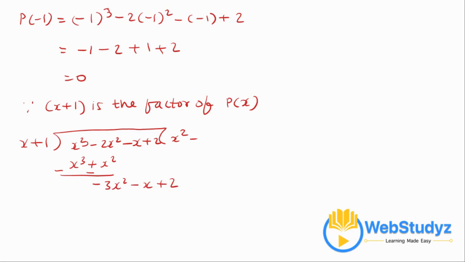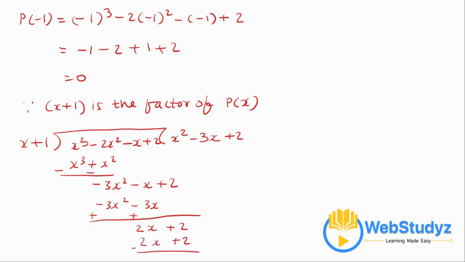Now again taking quotient as minus 3x, this will be equal to minus 3x square minus 3x. Subtracting this, we get 2x plus 2. Now again taking quotient as plus 2, this will be 2x plus 2. Subtracting this, we get 0.